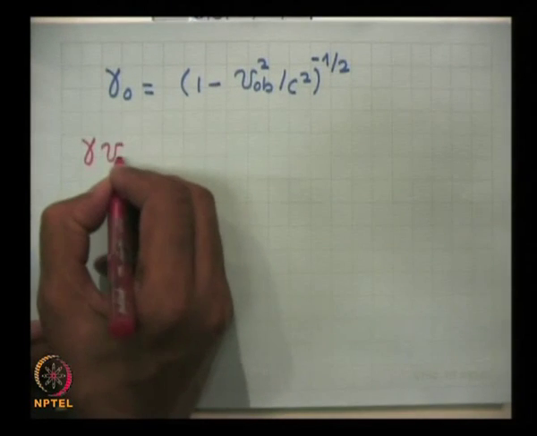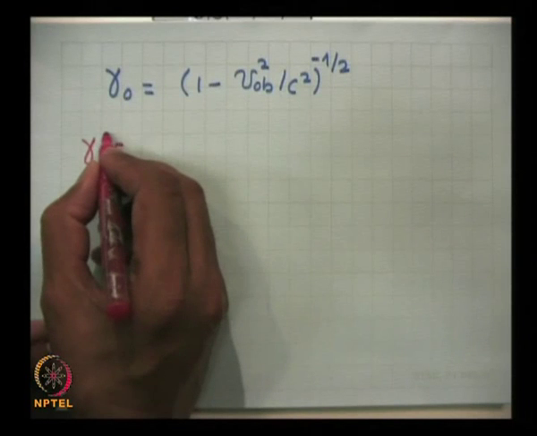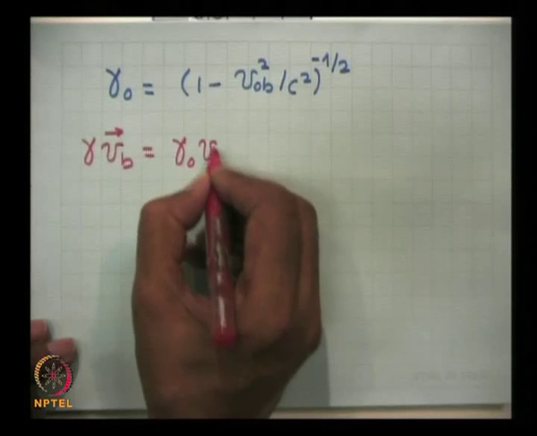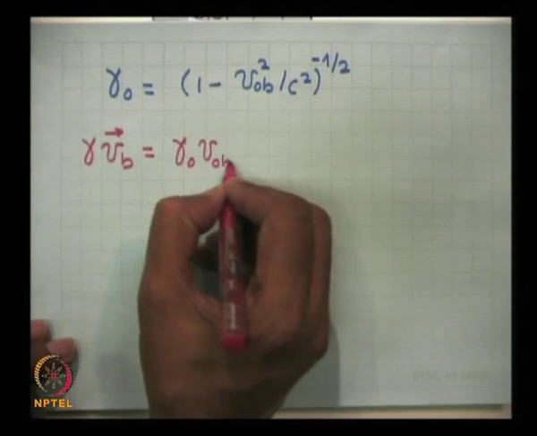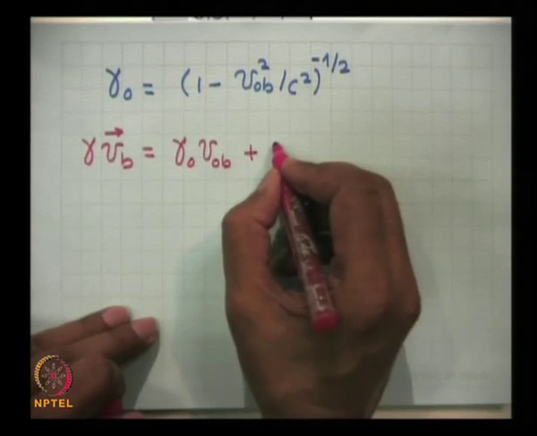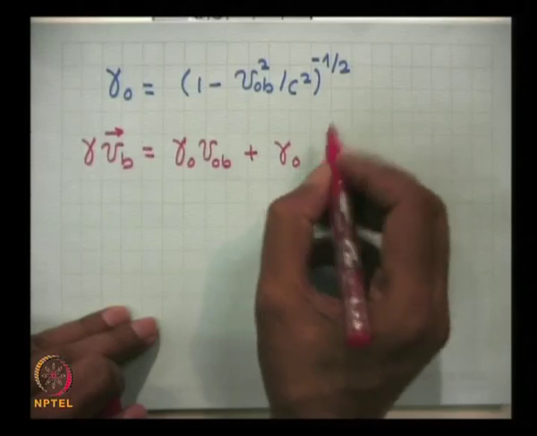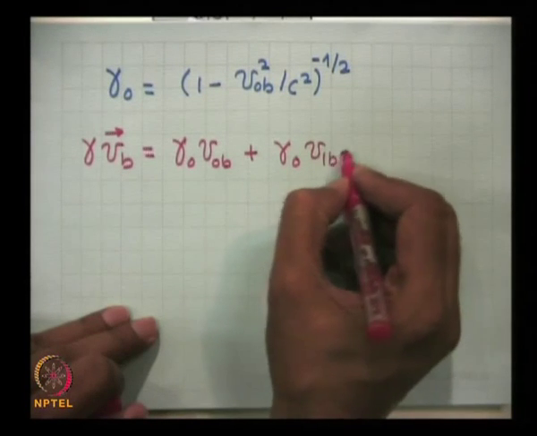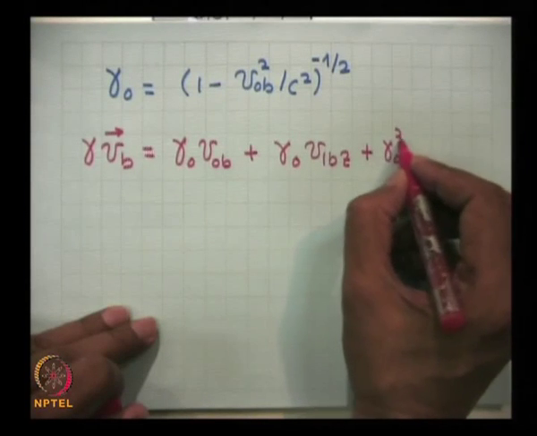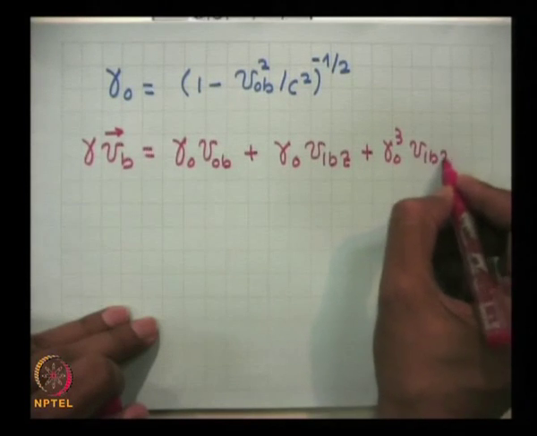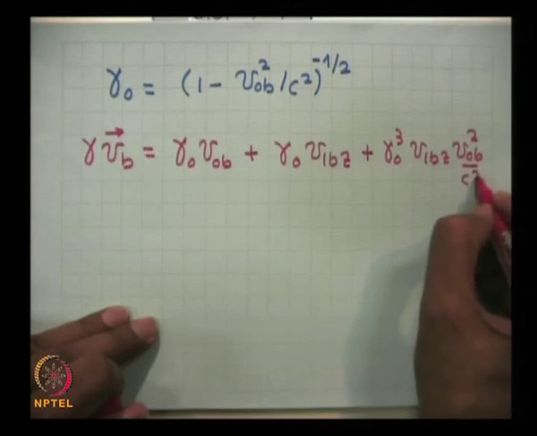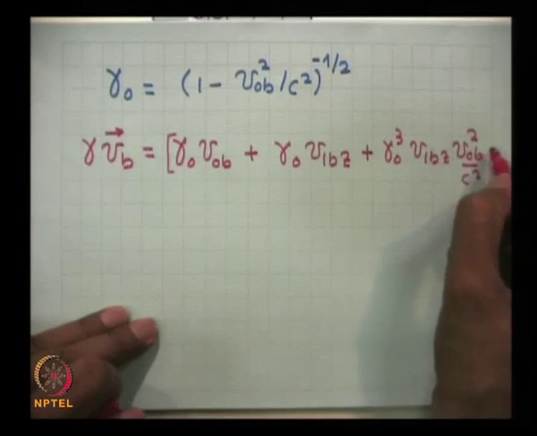Gamma into v for the beam, I am writing, it becomes gamma 0 v0b, plus you will get a term which is gamma 0 into v1bz, plus you will get a term gamma 0 cube v1bz v0b square by c square. All these quantities are in the z direction.